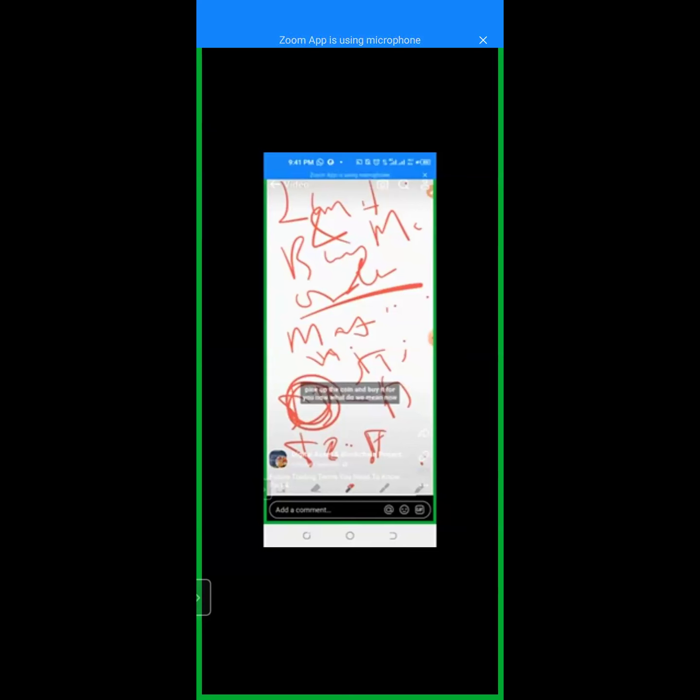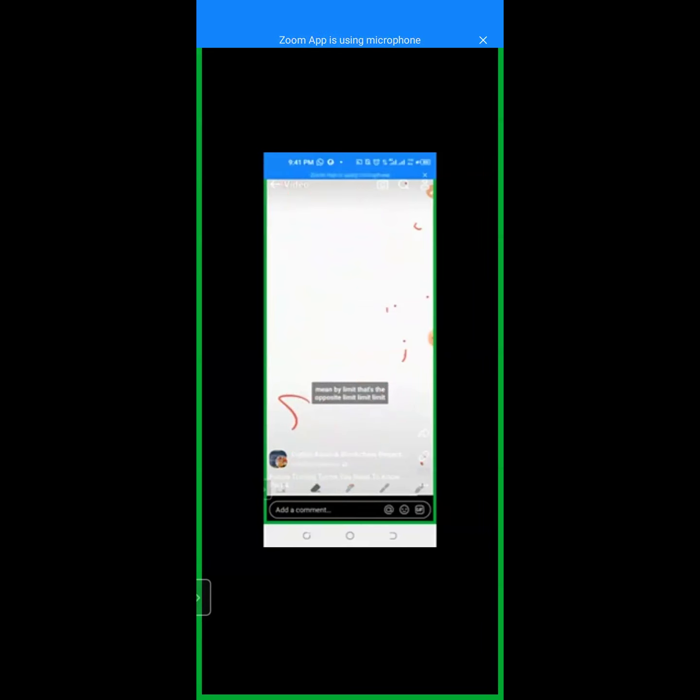Now, what do we mean by limit? That's the opposite. Limit or market sell order. This also applies to spot trading too. Then you see a coin at $3.